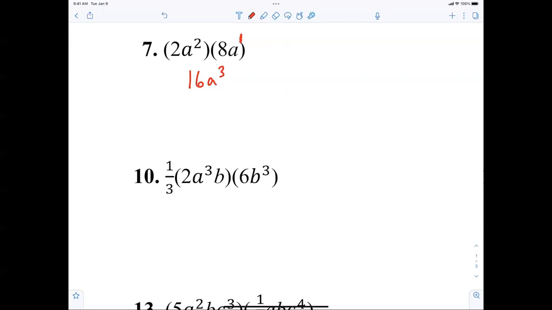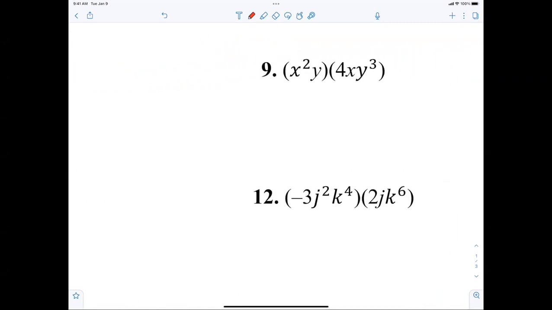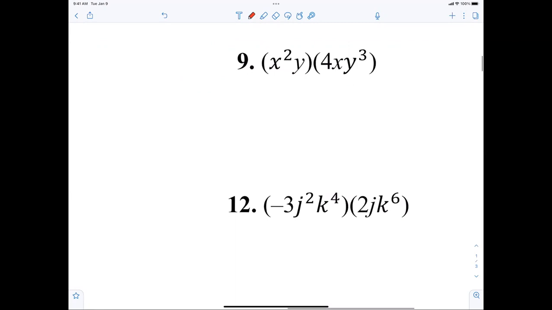All right, now we're on number 9. Who's next? Eddie, go. What number's in front of the x squared y? 1. Very good. There's a 1 right there. Now, multiply the numbers.